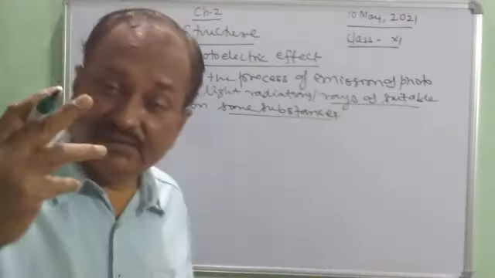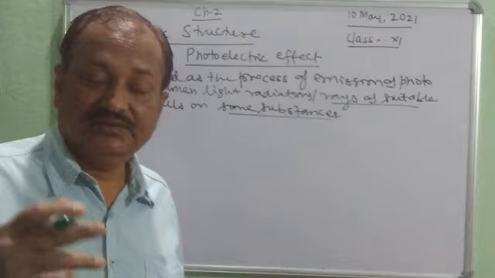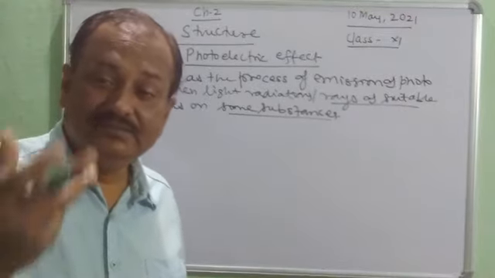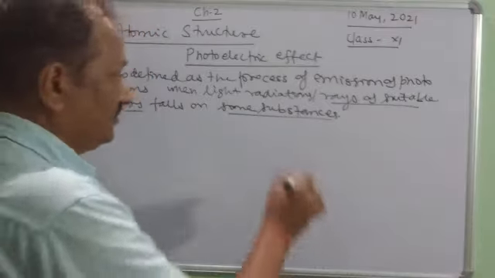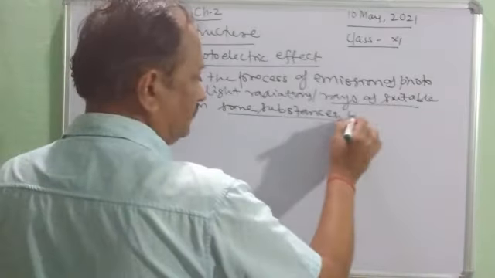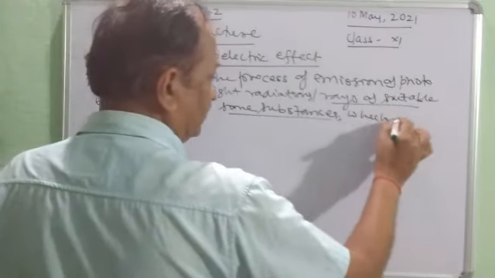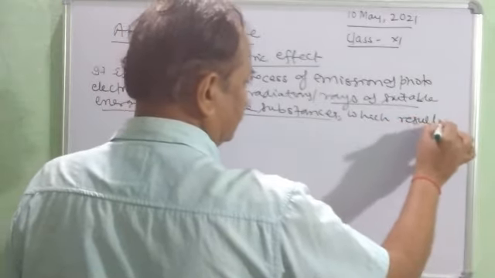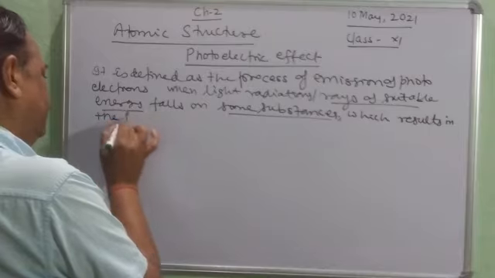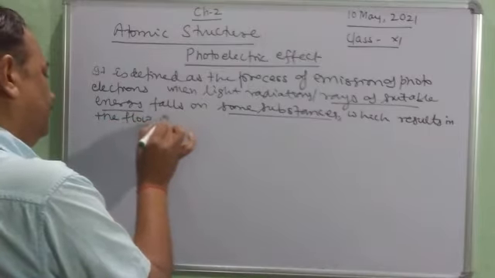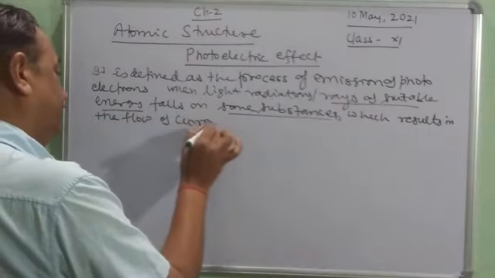So the incident rays, the incident light must have some definite amount of energy. Some substances, which results in the flow of current.